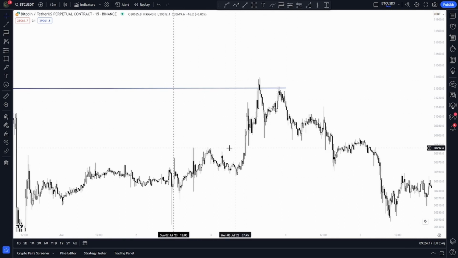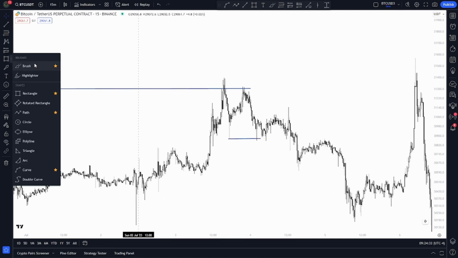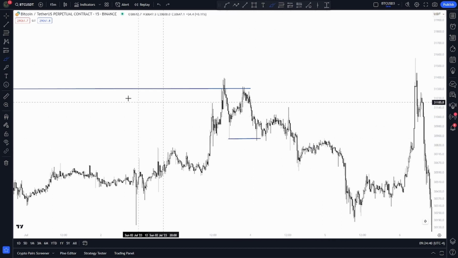So we are looking for a setup. Price creates a higher low here. Then it breaks this level to the downside. We can either trade here or here. And you may ask how we can trade these levels.